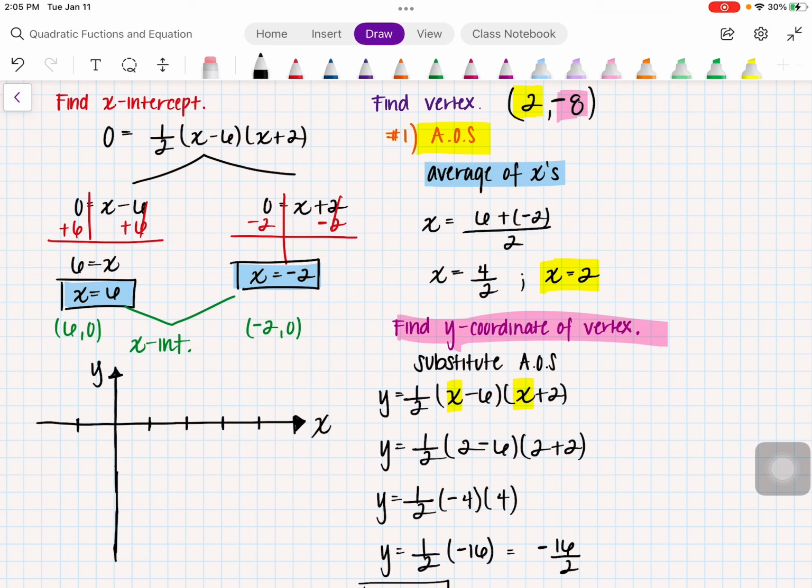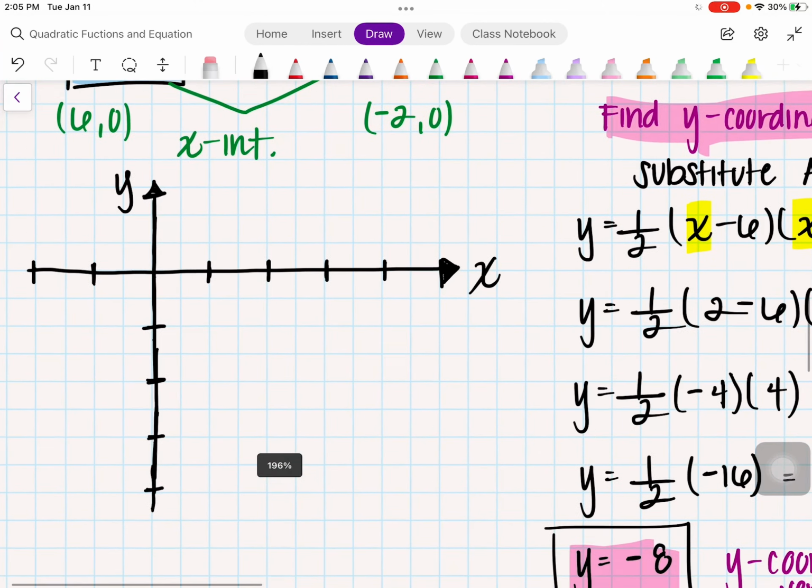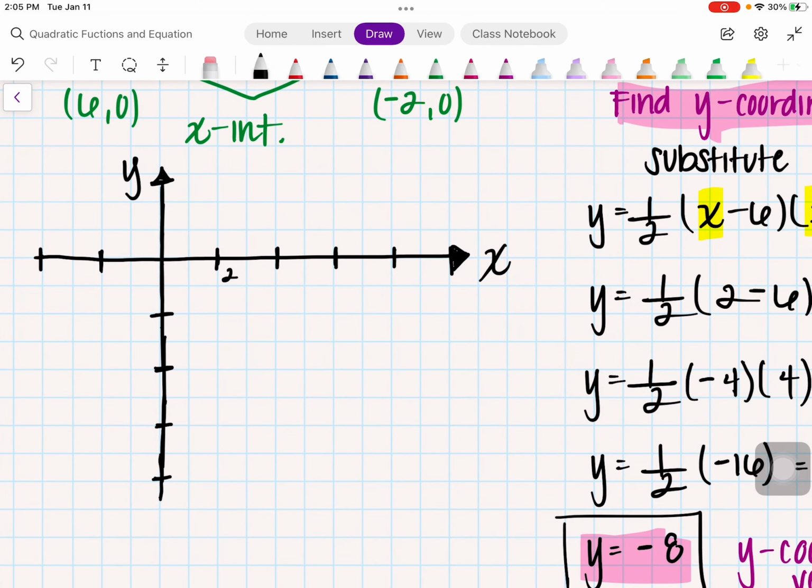I'm going to go by 2s: 2, 4, 6, 8. This is a -2 and a -4.